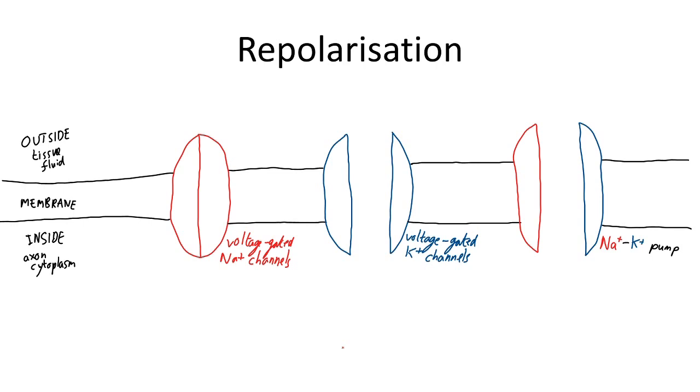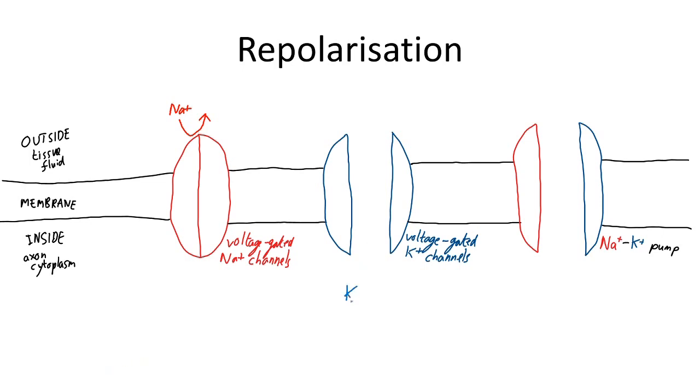Now this is caused by a decrease in the permeability for sodium. So after about half a millisecond of depolarization, the voltage-gated sodium channels close. So the influx of sodium ions is going to stop. The voltage-gated potassium channels are open.